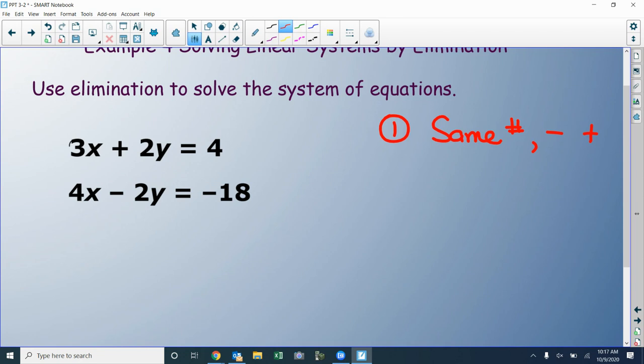That's step one. Part of that might be 1a: we might have to manipulate or multiply. You might have to multiply both equations, or one of them, to get that to happen. Step two, you're going to add down.